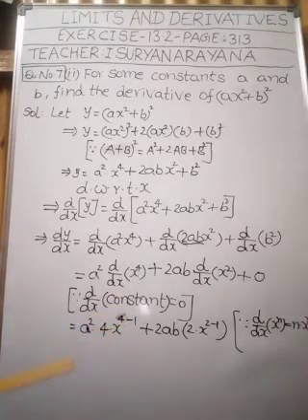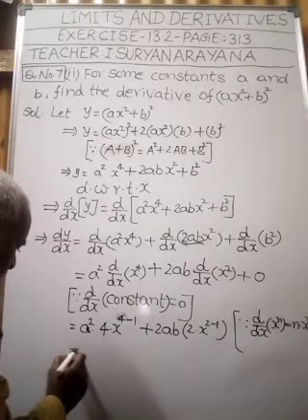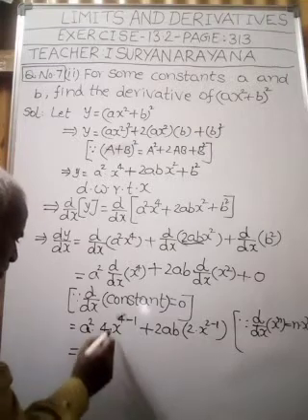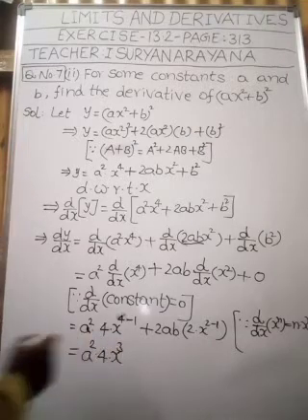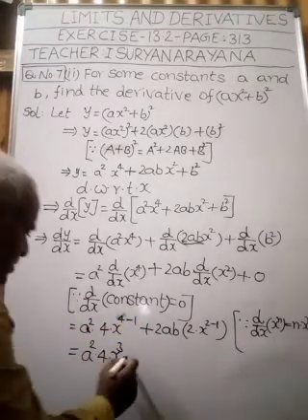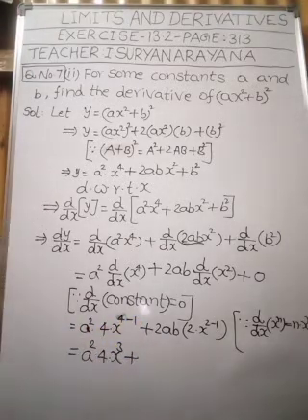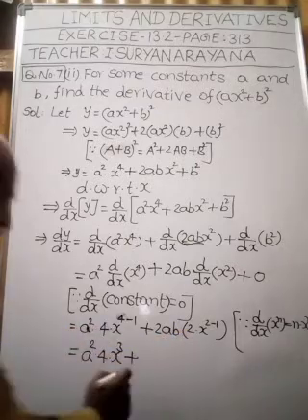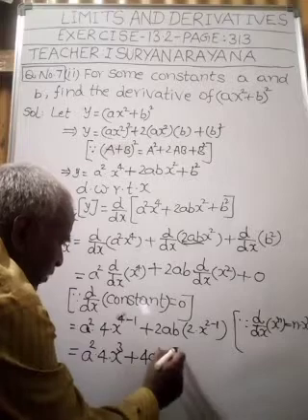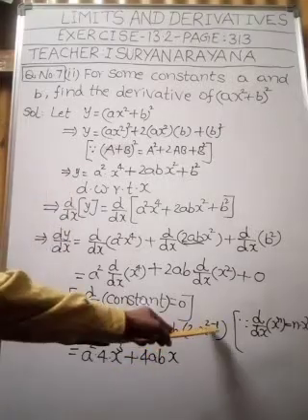Now let us write the terms in their simplest form. Okay, my children? Right. A square into 4 into what will we get? x cube. 4 minus 1, what will we get? 3. Plus 2 2s are 4, 4ab x power 1. Isn't it, my children? Right.